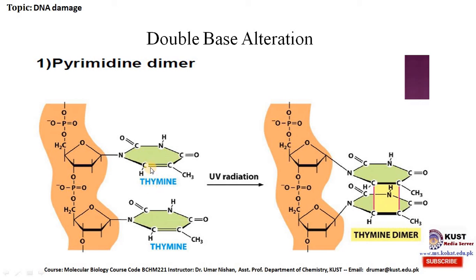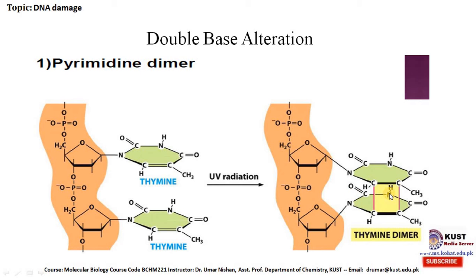One can see here a thymine, and this is another thymine. Through UV radiation, there is a possibility of formation of this thymine dimer, which results in two thymines binding each other.